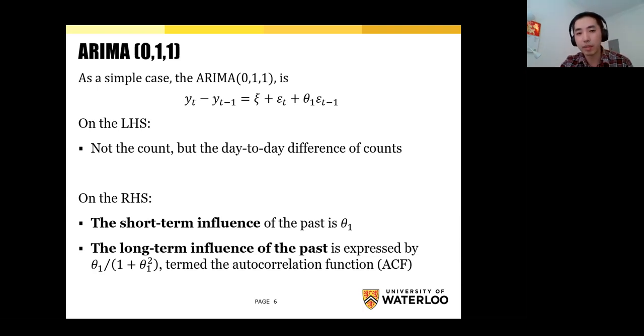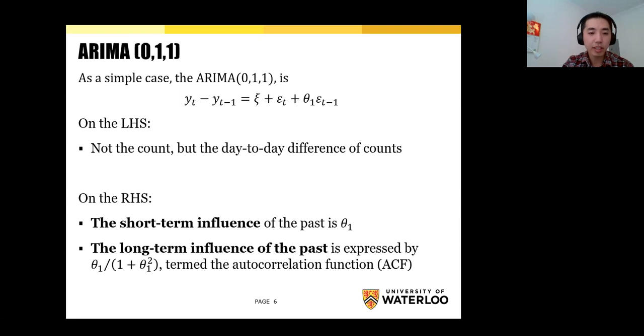And then the third term is a 1. That means we are just including an error term of today, as well as another error term from yesterday. So imagine if you include the error term from 2 days ago, that will be an ARIMA(0,1,2). That's basically the logic behind it.